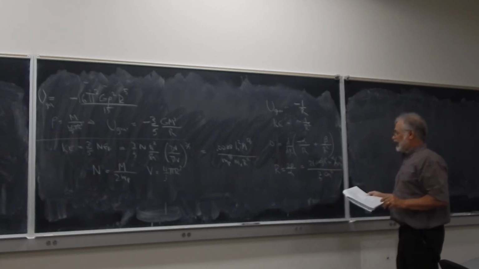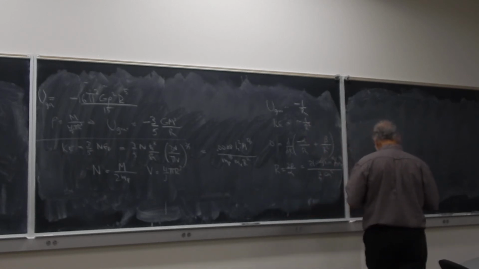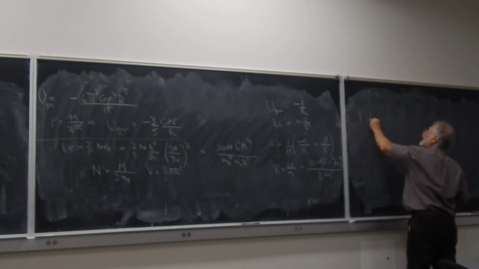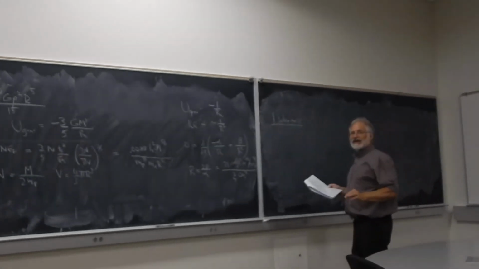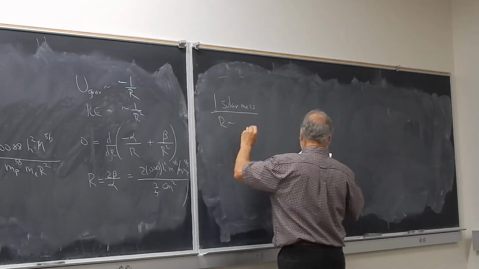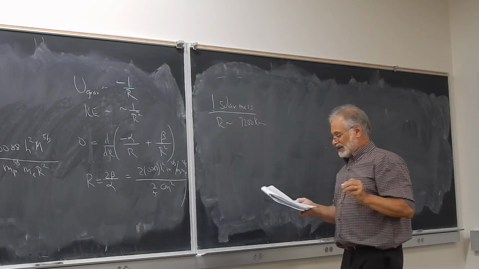So that would be my equilibrium radius for the dwarf. So for a 1 solar mass white dwarf, I put the numbers in. 1 solar mass white dwarf, that's 2 times 10 to the 30th kilograms. That will give me a radius on the order of 7,200 kilometers, slightly larger than the Earth.